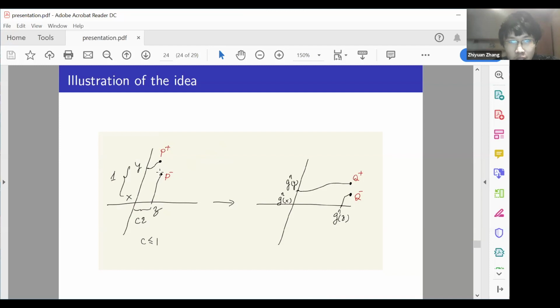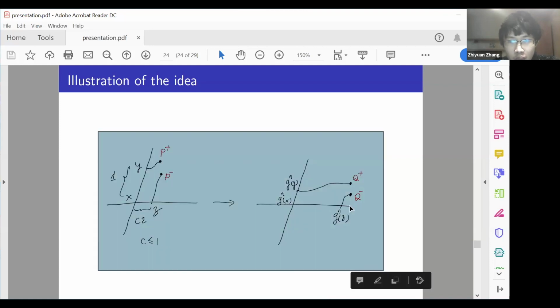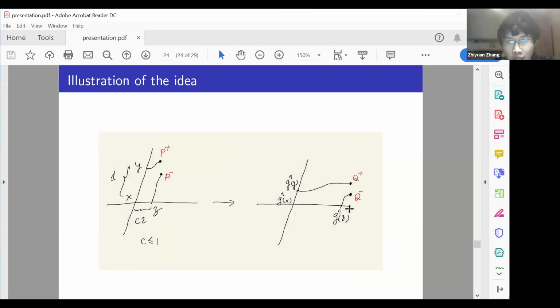If you iterate this picture several times so that these points become very close to this horizontal x, when this is very small, you can do linear approximation to describe this point very well. But in that case, you cannot describe these points anymore.